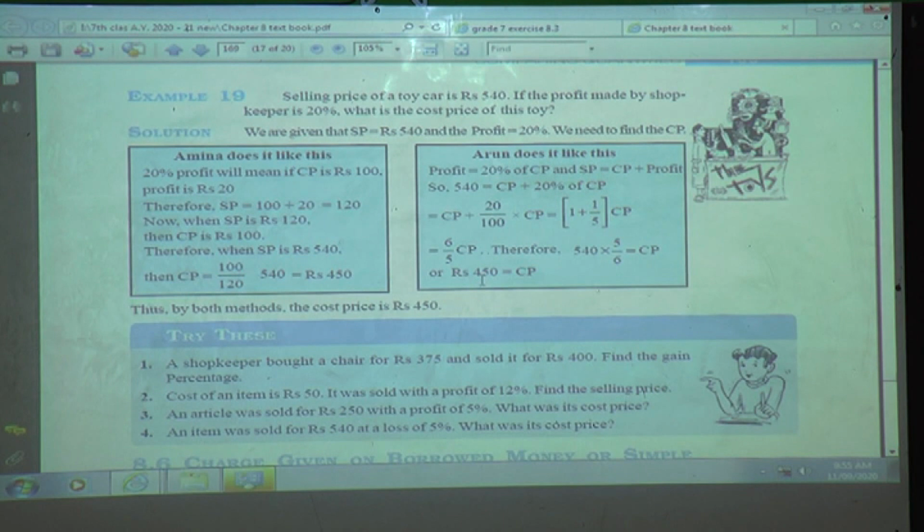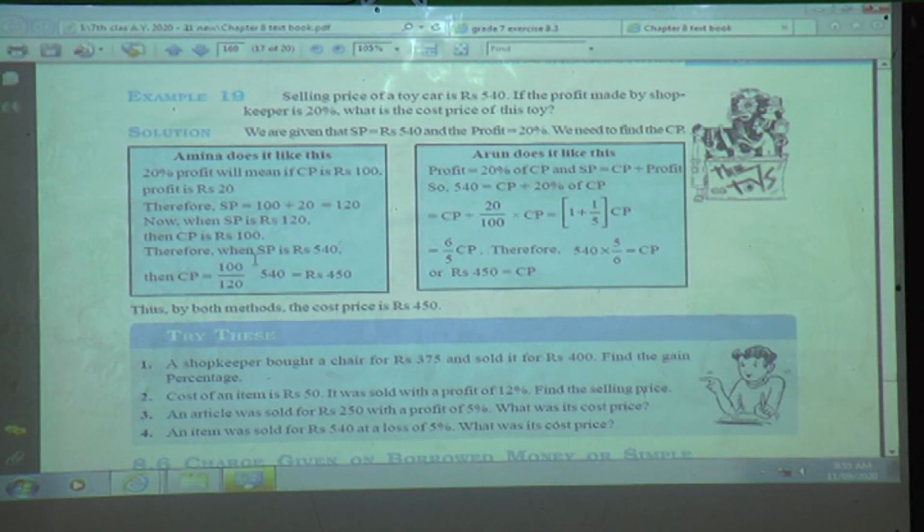So in both the methods we got the cost price as rupees 450, when the selling price given to us was 540 at a profit of 20%.